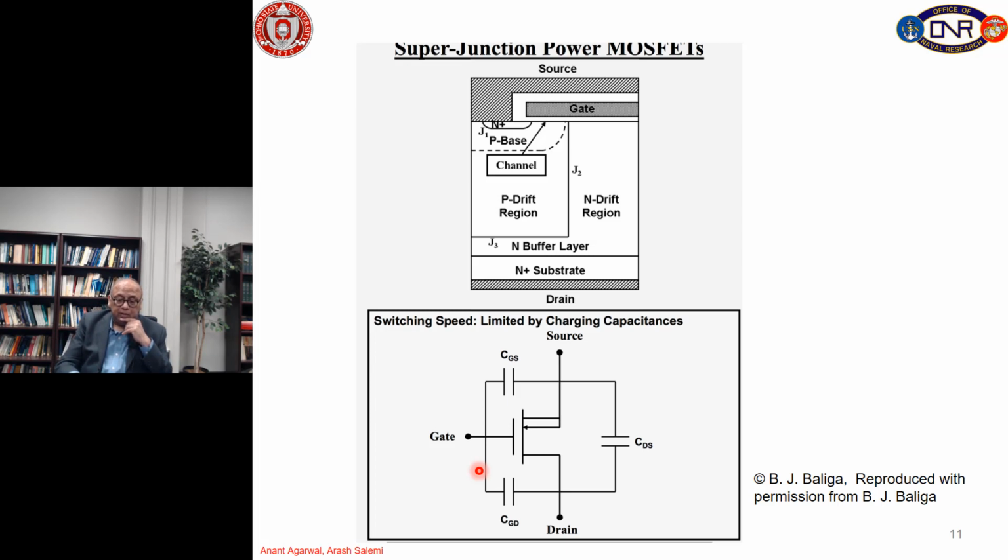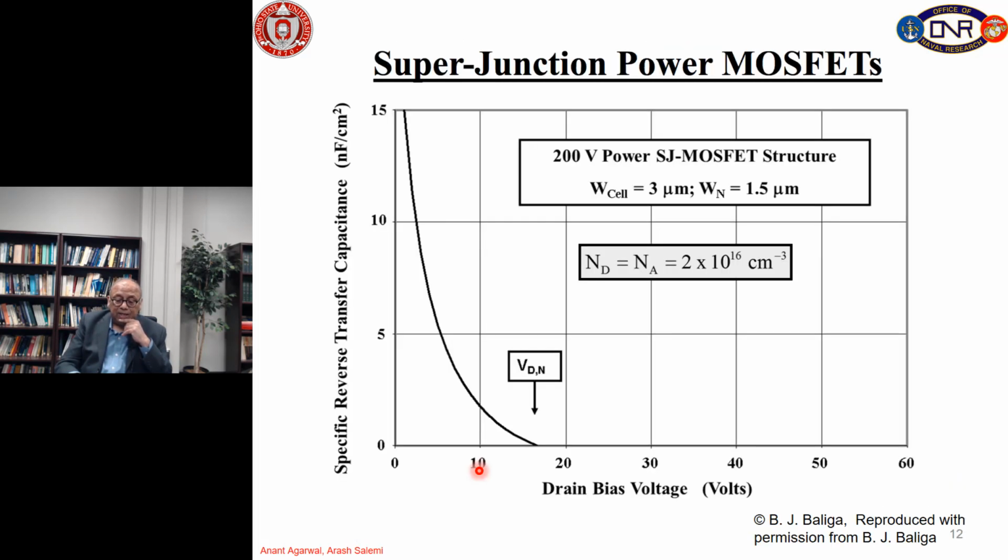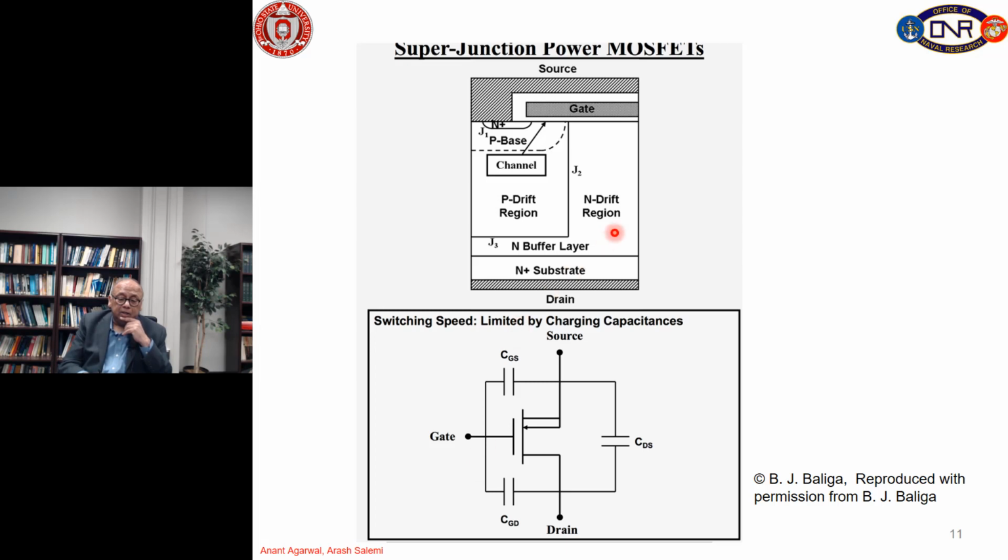So now you can imagine that at low drain voltages, this n-type drift layer will be fully depleted, which means gate drain capacitance, which is the capacitance between gate and the drain terminal right here, will reduce very quickly and will go to 0 when the n-type drift layer is fully depleted at low drain voltages.